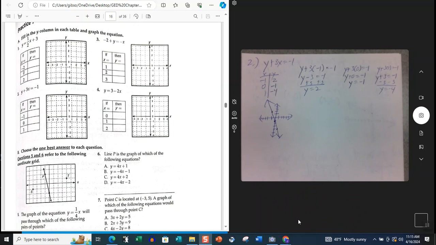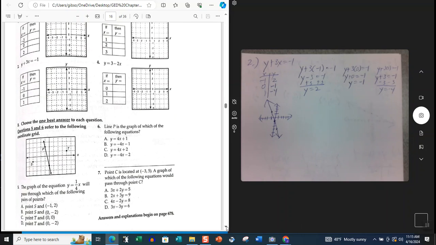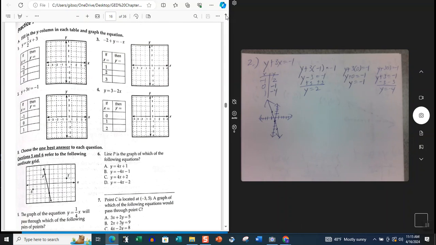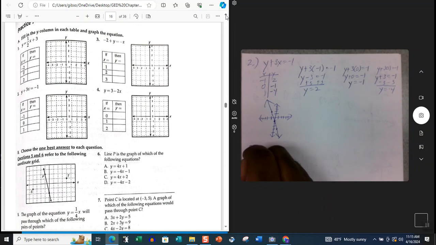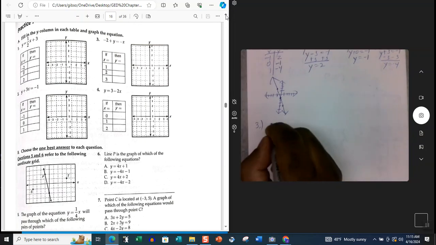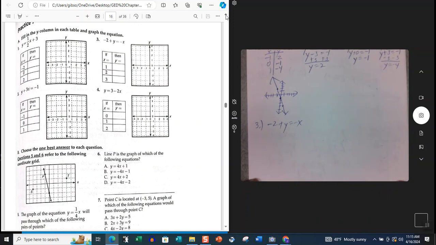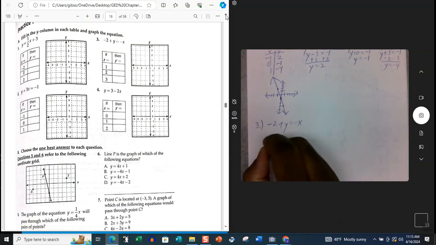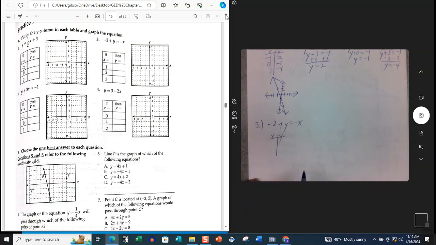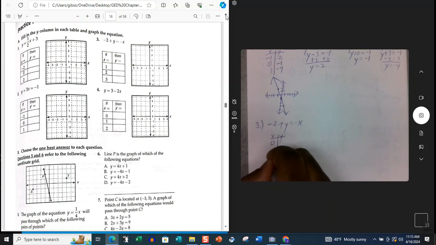All right, now I'm going to do number 3, and then we're going to move on. So number 3, we have -2 plus y equals -x. All right, now we have our table. We have 0, 1, 2.